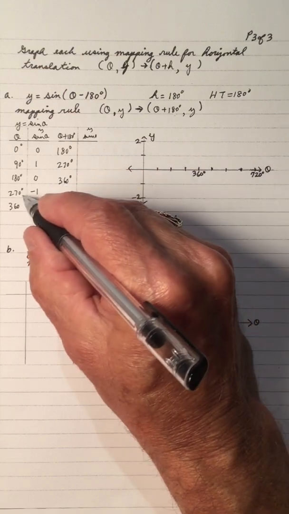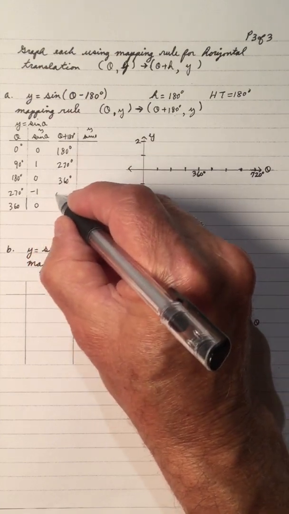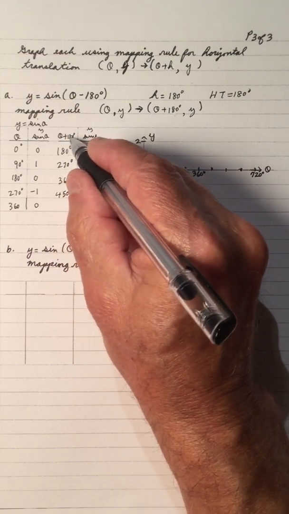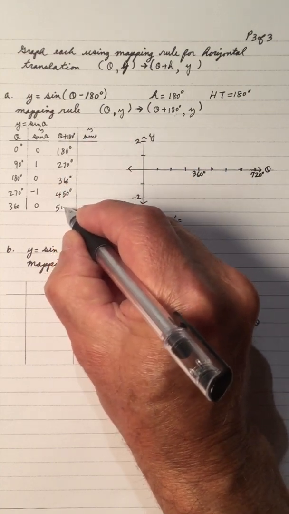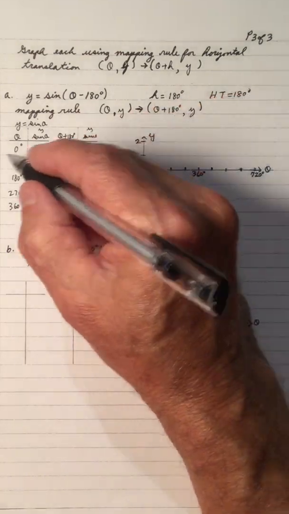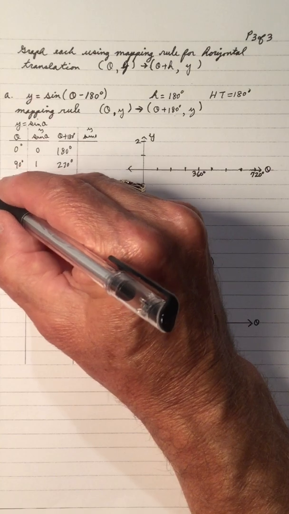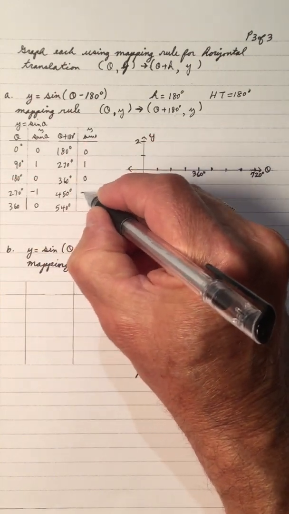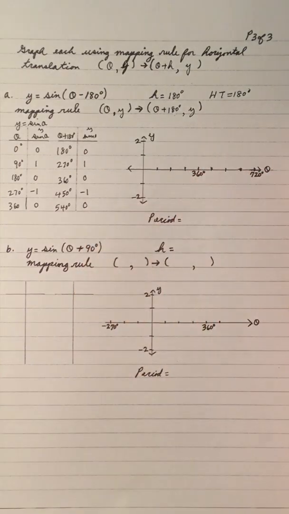And 270 plus 180 is 450. And 360 plus 180 is 540 degrees. And there's no change on the y. So we get 0, 1, 0, negative 1, 0.